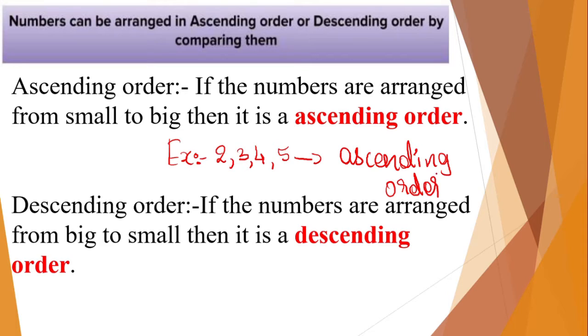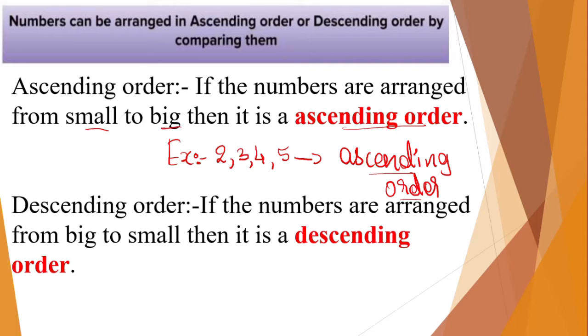Because you can see that 2 is the smallest number, 3 is greater than 2, 4 is greater than 3, and 5 is the greatest. The order is going from the smallest number to the largest number. So if the numbers are arranged from small to big, then it's known as ascending order.